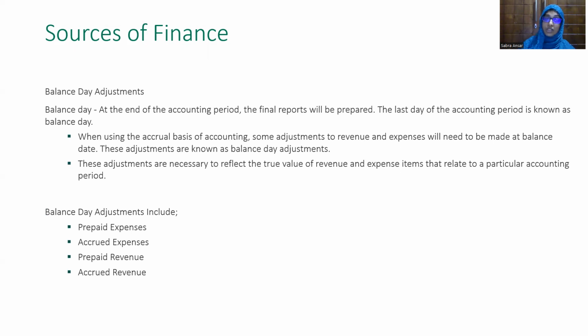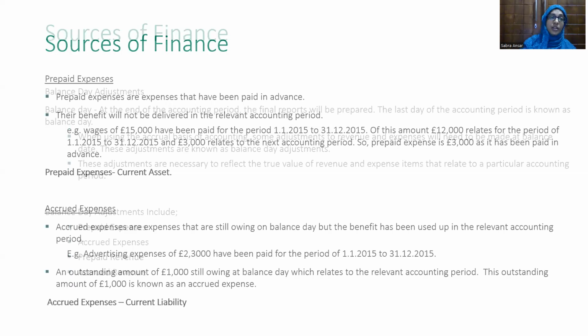When using the accruals basis, often some adjustments to revenue and expenses will need to be made at balance date, and these adjustments are known as balance day adjustments. These adjustments are necessary to reflect the true value of the revenue and expense items in a particular accounting period. So these balance day adjustments will include prepaid expenses, prepaid revenues, accrued expenses, as well as accrued revenue.